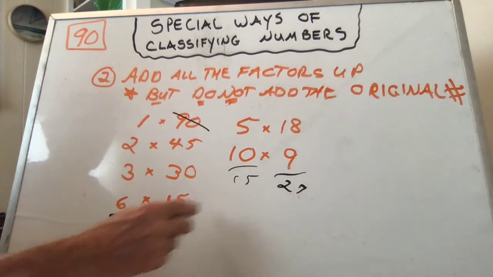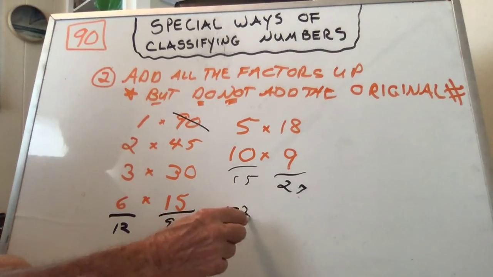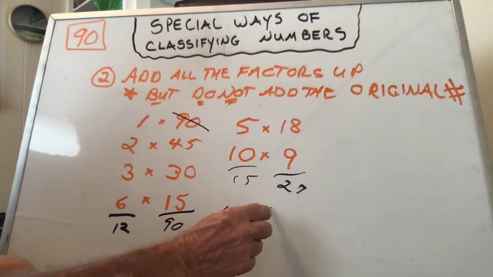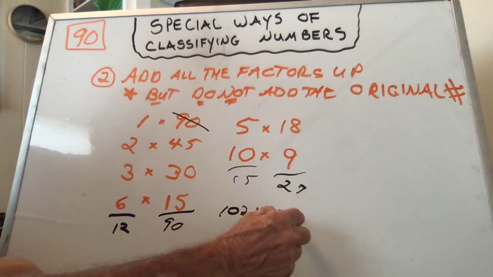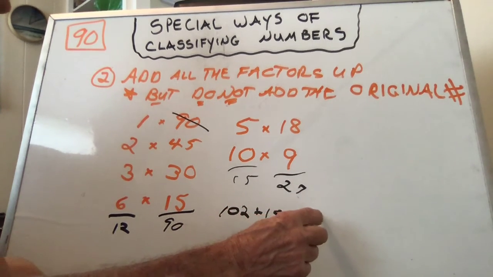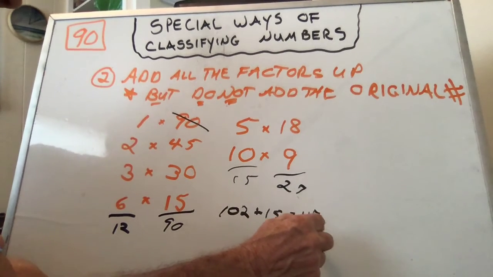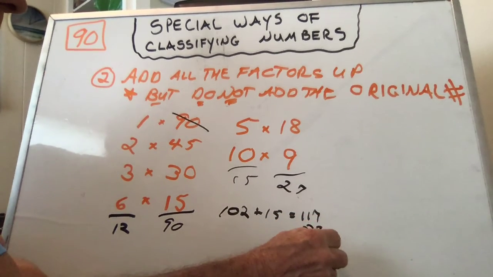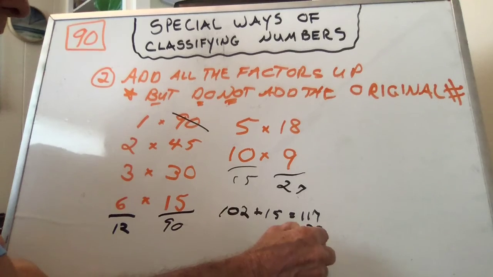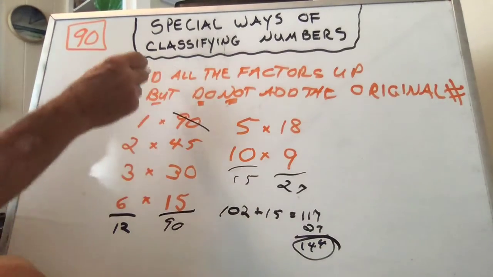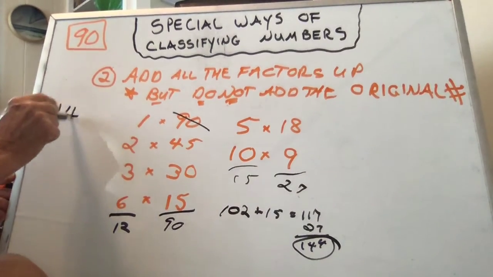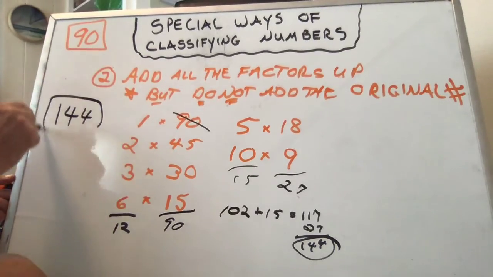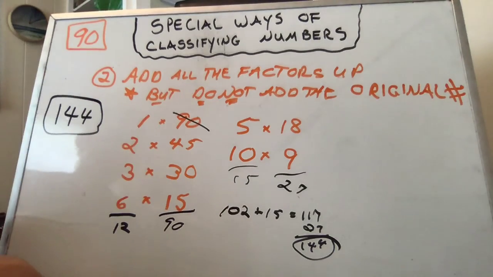So 90 plus 12 is 102. Plus 15 is 117. Plus 27, 144. So this adds up to 144 if I did it right. You can use a calculator for that part. That's probably not a bad idea.